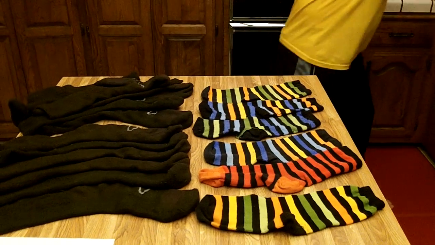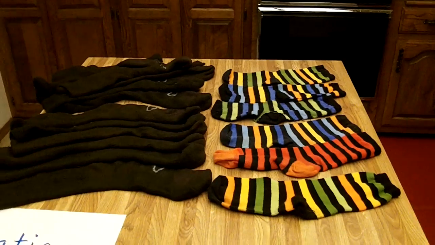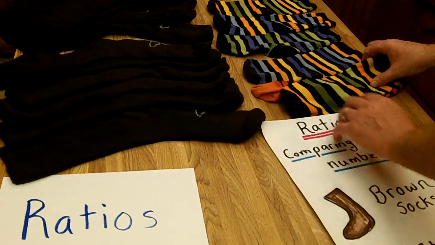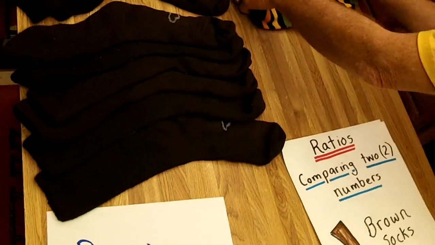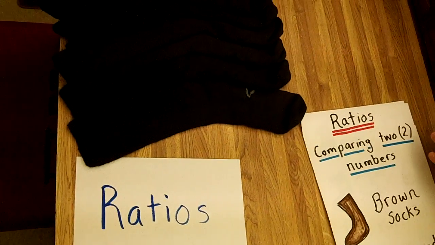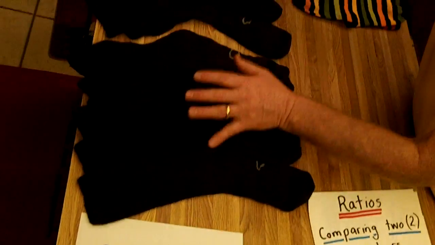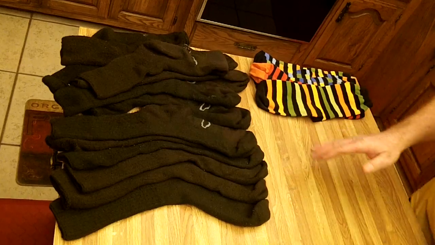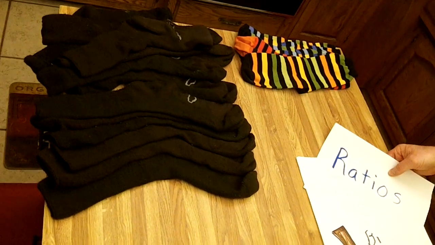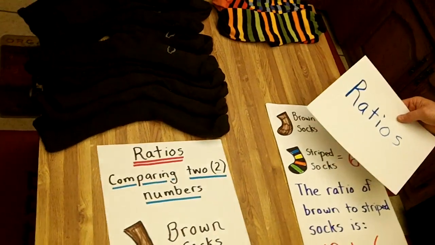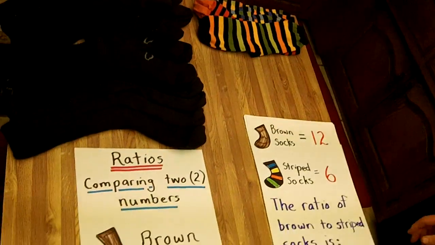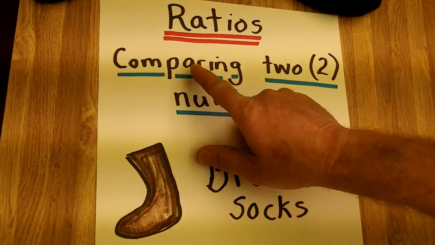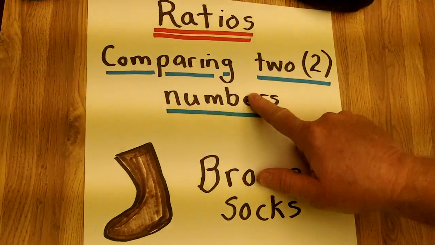Okay? Now I'm going to get some papers to kind of help us to compare these two. And let's give us a little bit of room here. Okay, so we have 1 set of 6 striped socks. And then right here we got a set of 12 brown socks. So ratios are when we compare two numbers.